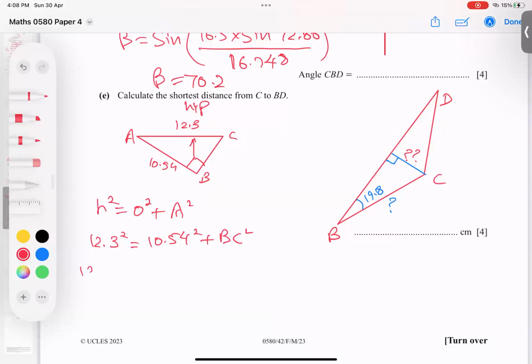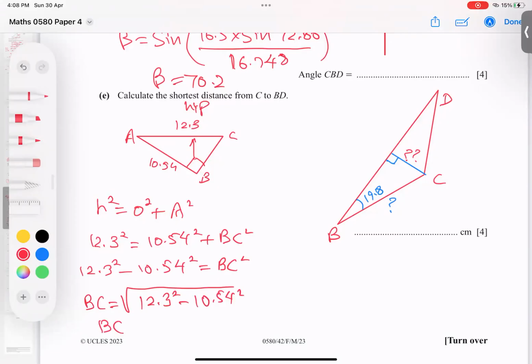So 12.3 squared minus 10.54 squared equals BC squared, and BC becomes the root of 12.3 squared minus 10.54 squared. I'm getting the answer 6.34. So now I got this length.